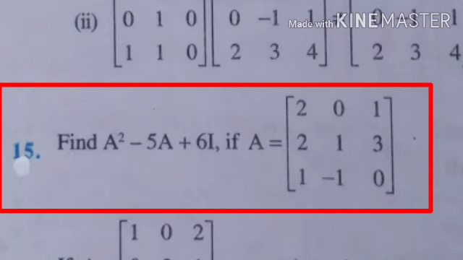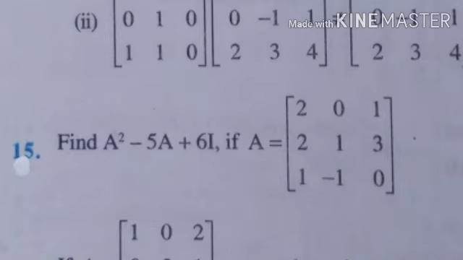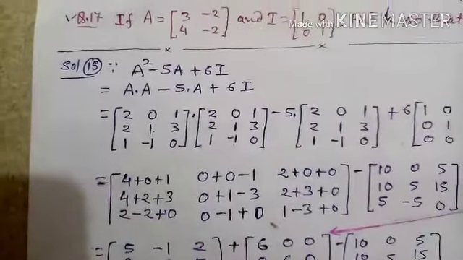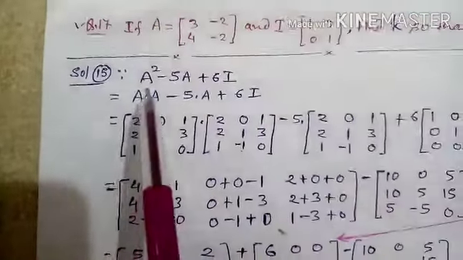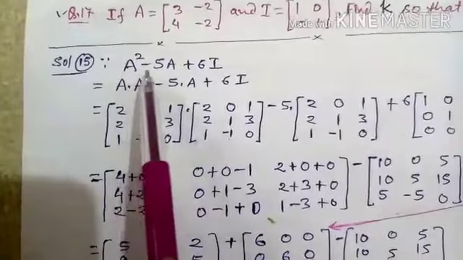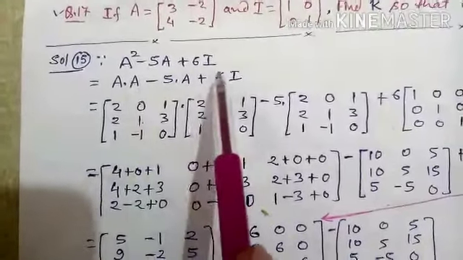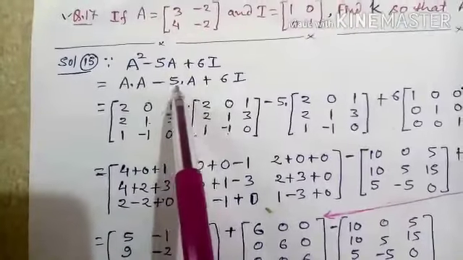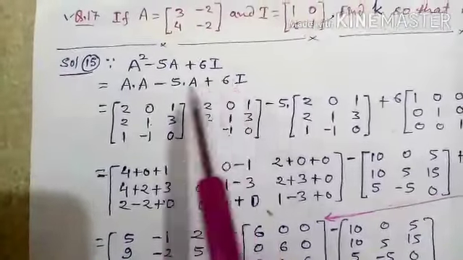Find A² − 5A + 6I if matrix A is equal to first column 2 2 1, second column 0 1 −1, third column 1 3 0. So let's see the solution of question number 15. Since A² − 5A + 6I, in place of A² write A into A, −5A as it is, plus 6I also as it is.